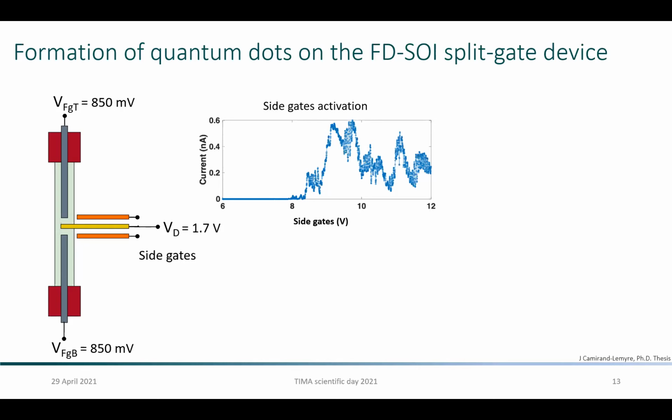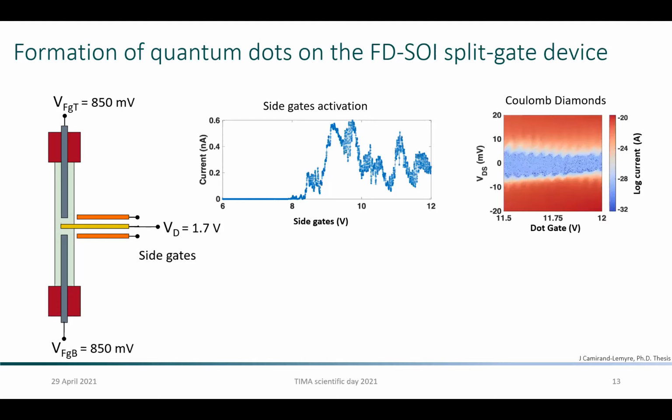So for a fixed voltage applied on the front and side gates, we swept the bias voltage while stepping the voltage applied on the dot gate, and we measured the current in the channel again, and voila. Coulomb diamonds were observed, indicating the formation of quantum dots in our platform. However, this device had larger dimensions than the ones that we initially wanted because of design rules restrictions.